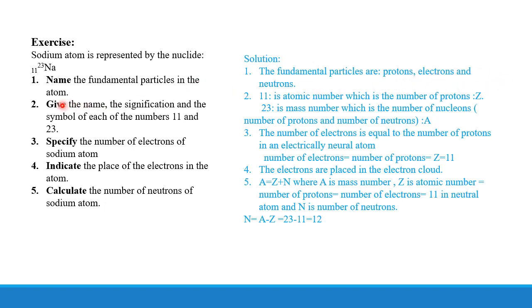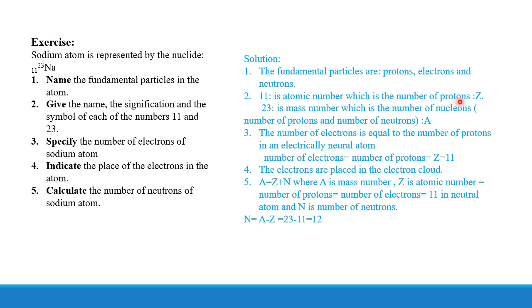Number 2. Give the name, the signification, and the symbol of each of the two numbers 11 and 23. Also give doesn't need any justification. The answer is 11 is the atomic number. This is the name. Which is the number of protons.